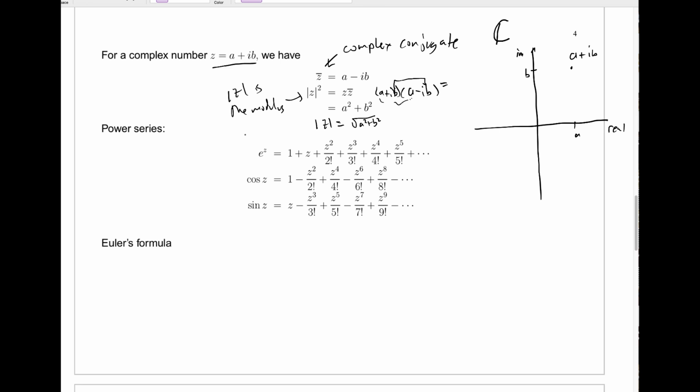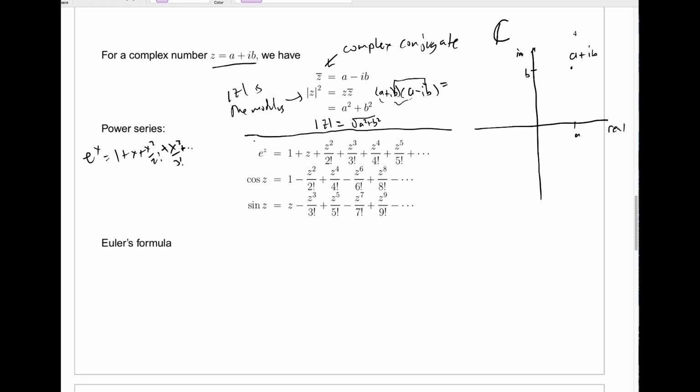Now, I'm skipping a lot of small things about just playing with the algebra of complex numbers to jump to some things which will be very important for us as we study some functions of a complex variable. You all know from Calc 3 that e to the x is equal to 1 plus x plus x squared over 2 factorial plus x cubed over 3 factorial, etc. And that this will be true for all real numbers x.